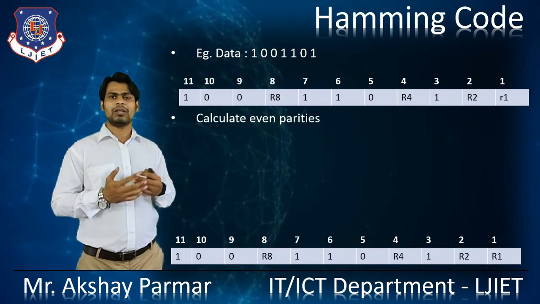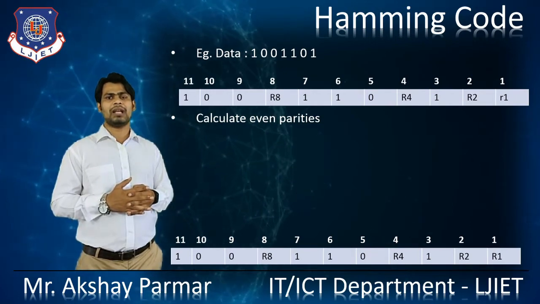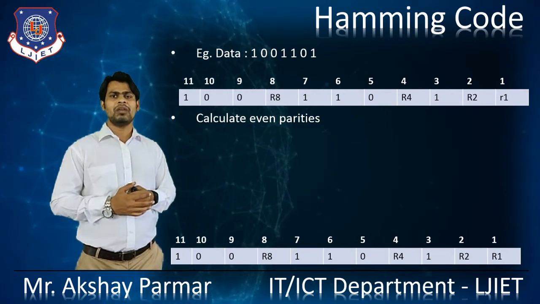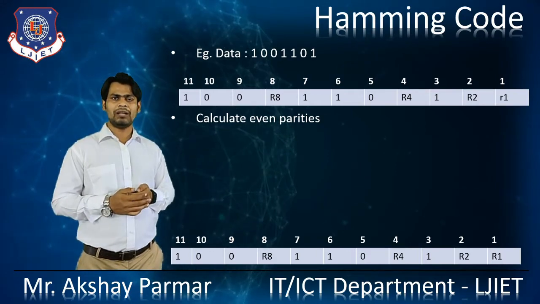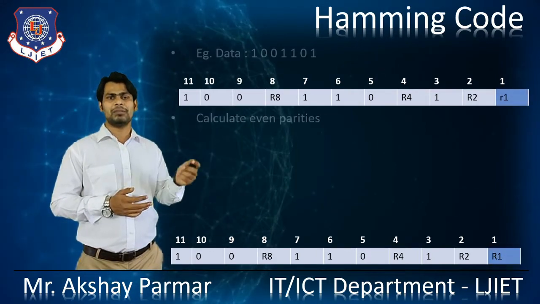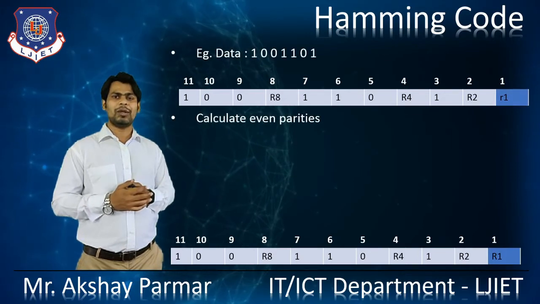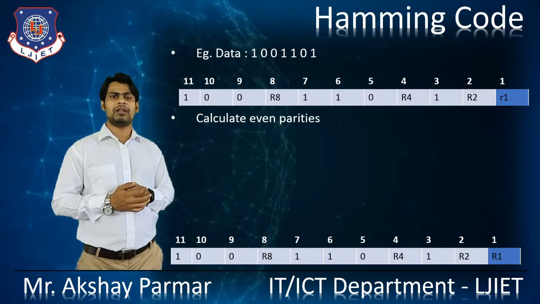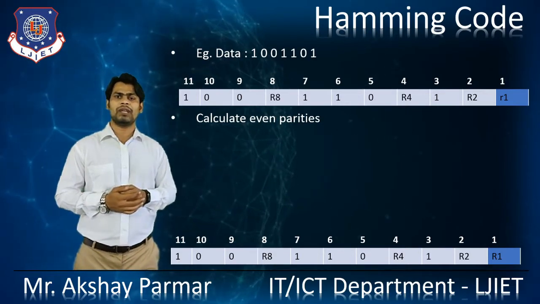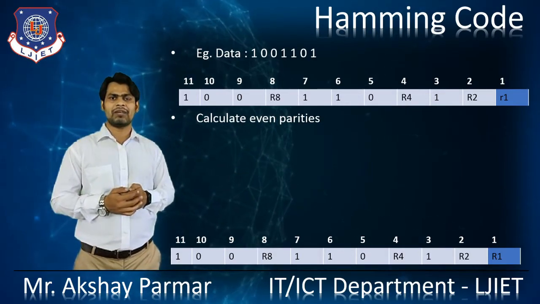Let's calculate the even parities, right? We select even parity to calculate our Hamming code. So let's begin. For selecting the first bit R1, how can we calculate the value of that redundant bit R1? We use even parity checking for that.